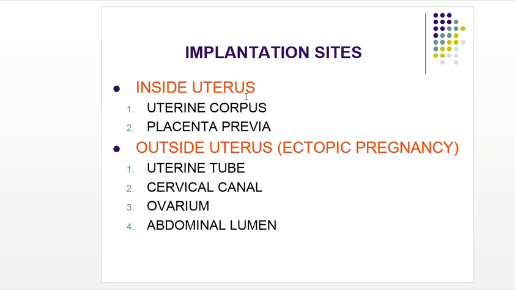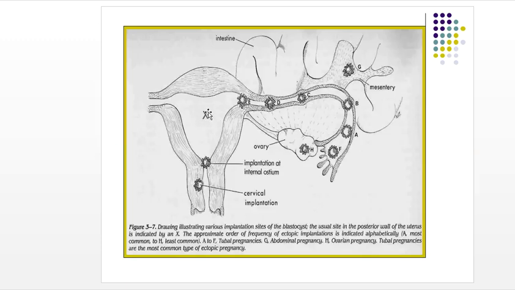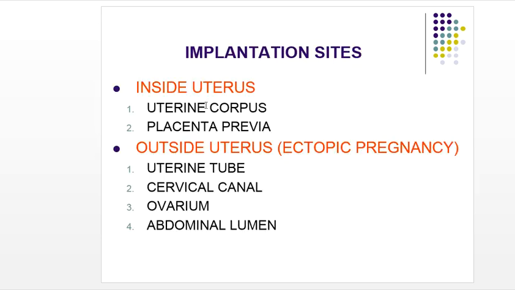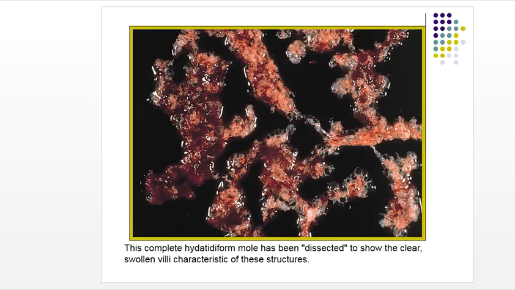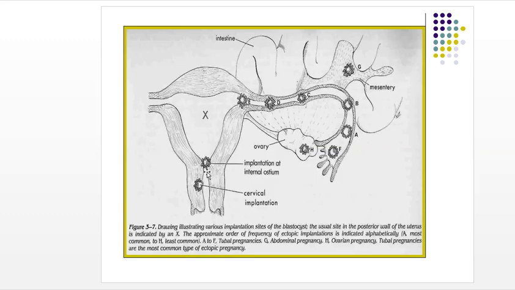Sometimes the embryo is not implanted in the normal site, because usually the embryo is implanted in the posterior superior wall of the uterine cavity, but it may be implanted inside the uterus in an abnormal position or outside of the uterus. It may be implanted in the lower part of the uterine corpus, or at the internal opening of the cervix.